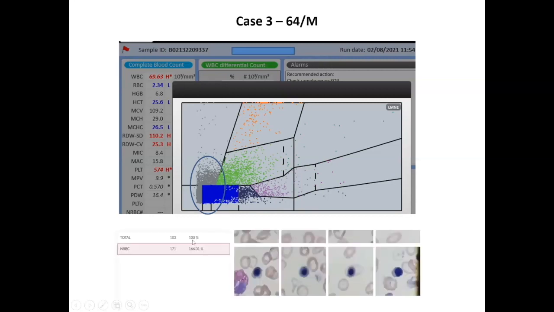What Shonit gave me was 171 nucleated RBCs per 100 WBC. Practically, it is not possible that you count so many cells, and even if you start counting, you spend lots and lots of time doing that. So you have visual evidence of nucleated RBC, you get your nucleated RBC number, you immediately give a corrected WBC count, which makes our job much easier.